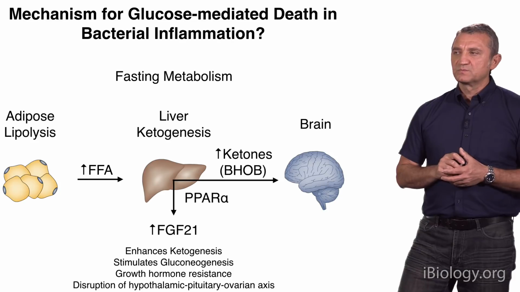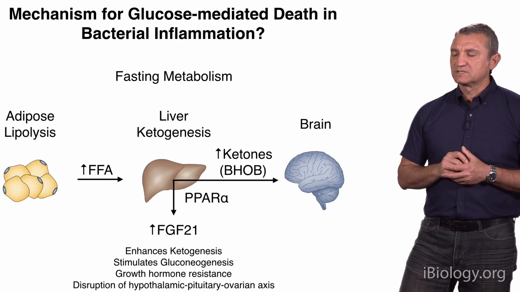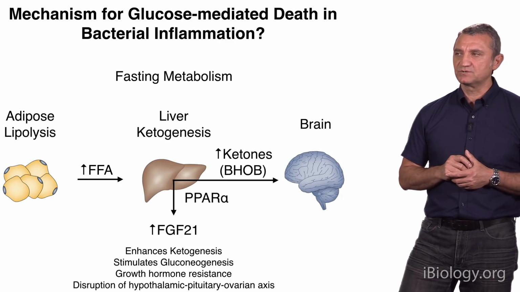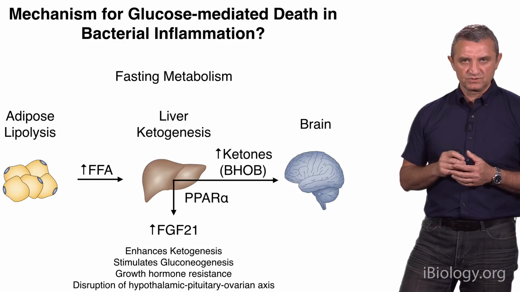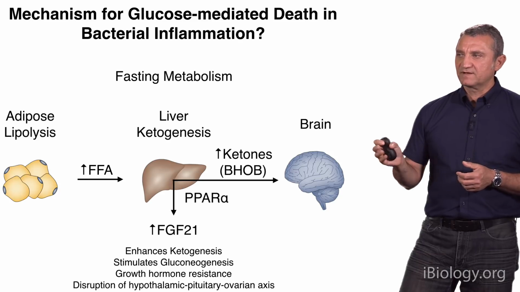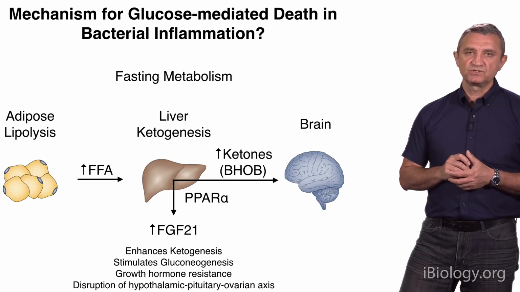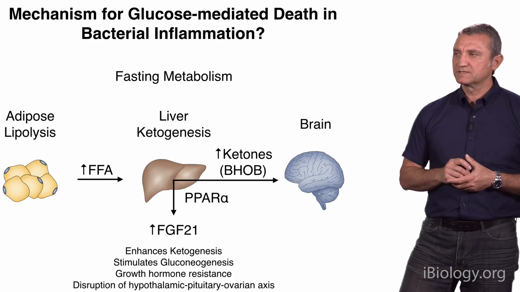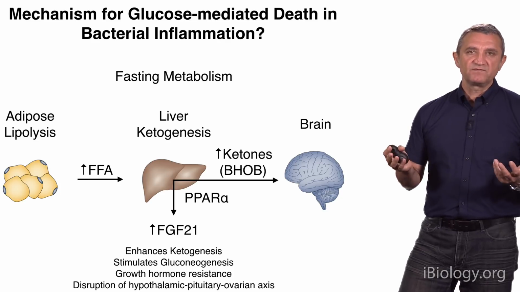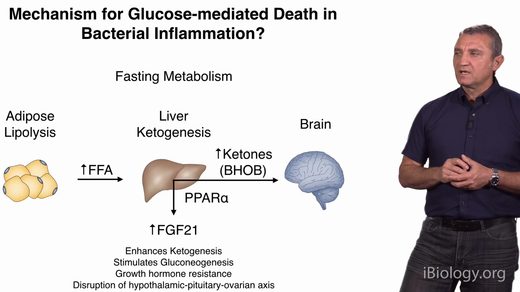Most organs switch from using glucose to using fatty acids released from adipose tissue, and only the brain continues to use glucose initially. So during initial stages of fasting, free fatty acids, or FFA, are released from adipose tissue by a process called lipolysis. Fatty acids then become the main fuel for most organs, while the brain continues to use glucose.